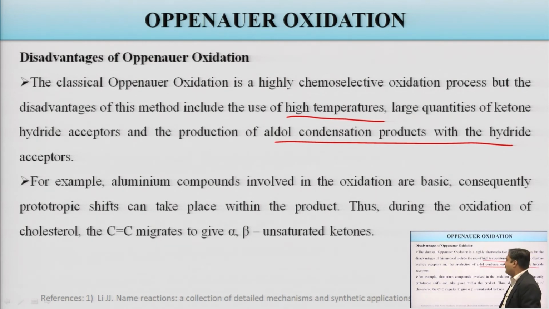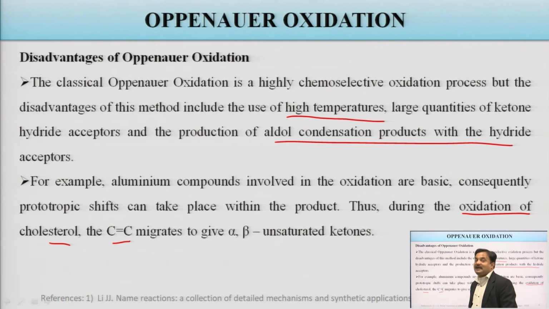Consequently, prototropic shifts can take place within the product. Thus, during the oxidation of cholesterol, which is again an example of an alcohol, the C double bond C migrates to give an alpha beta unsaturated ketone, a very important point.